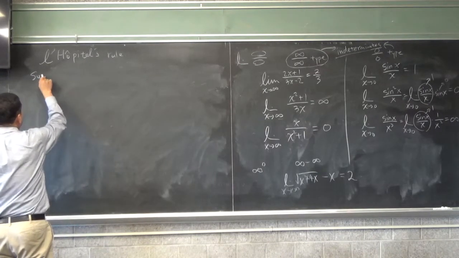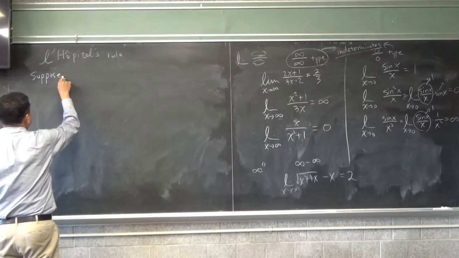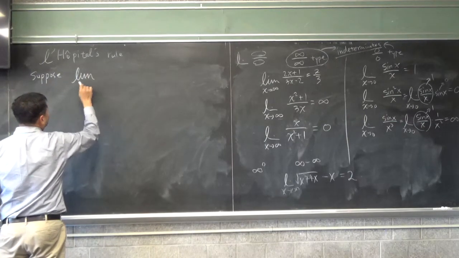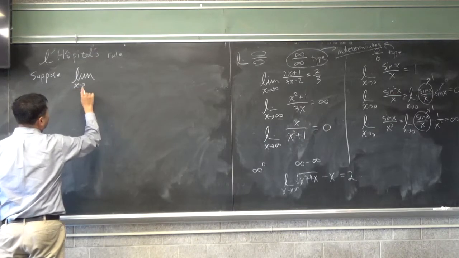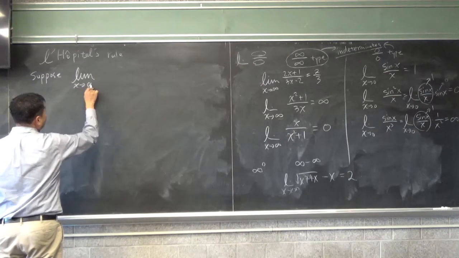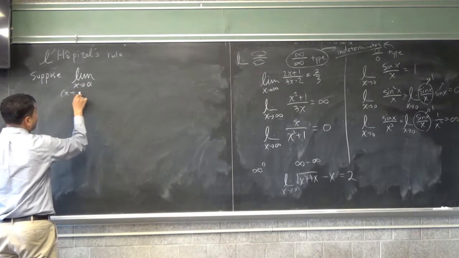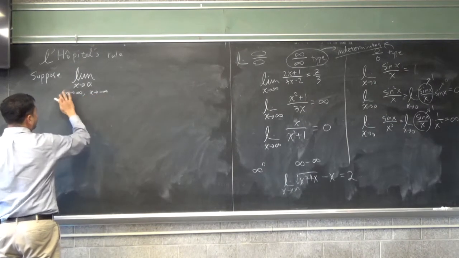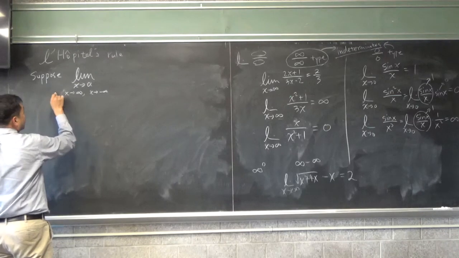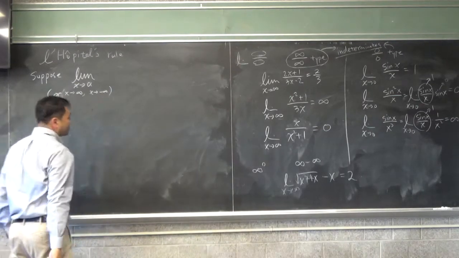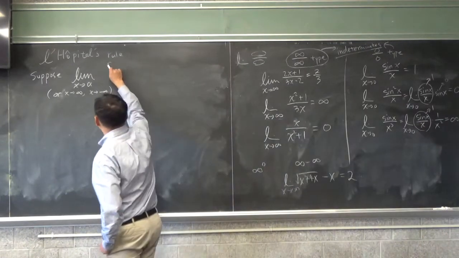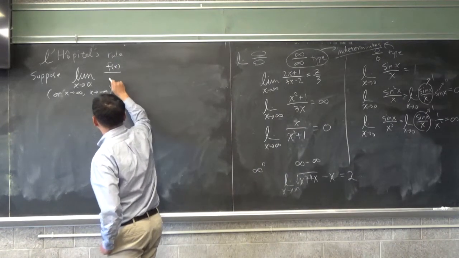Suppose the limit of x going to a, or it could be x going to positive infinity or x going to negative infinity, and you have a fractional form of a limit.